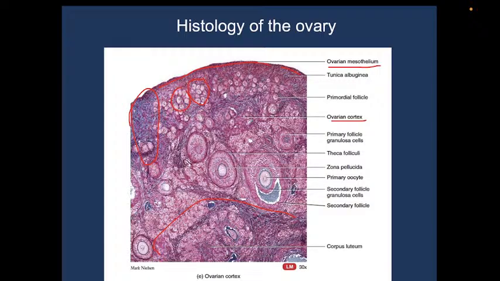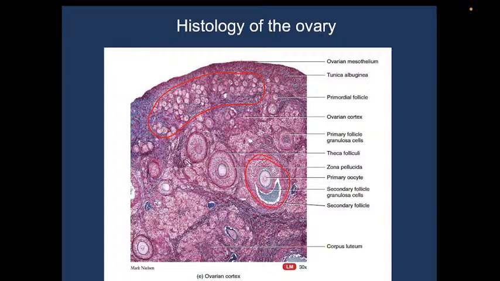But functionally, the cortex consists of a lot of primordial follicles or gametes. These are the primary female cells which can grow and form such follicles.